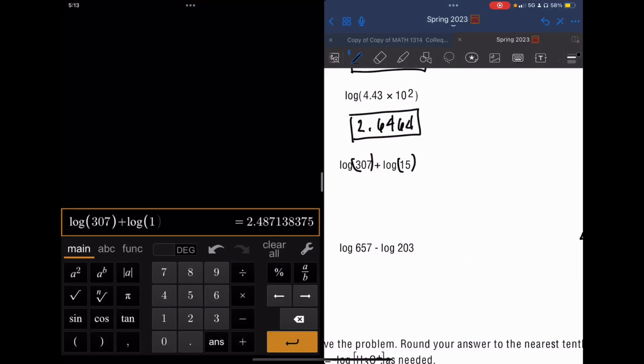Let's make this wider. Log 15. Then we get 3.6632.